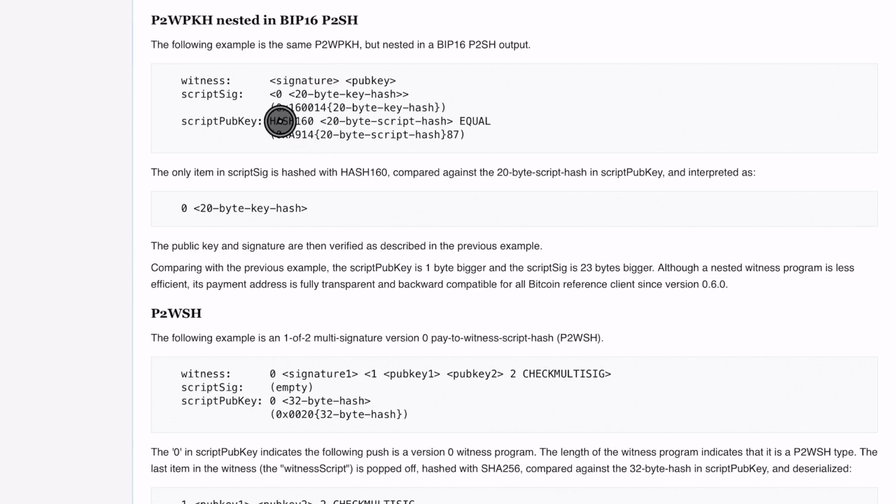Here you can see the script public key will just do a HASH160 and the 20-byte script hash and an equal operation. And in the witness is the same signature and public key. And the script sig is 0 and this 20-byte key hash.